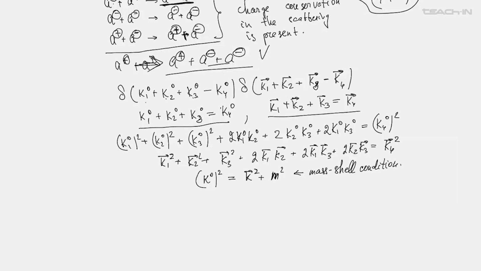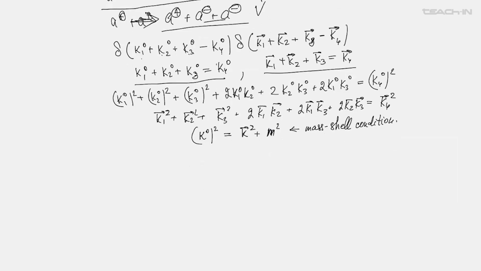So this means that if you subtract from the first line the second line, what you will get is the following. You will get 3 times the mass, so 3 times m squared.